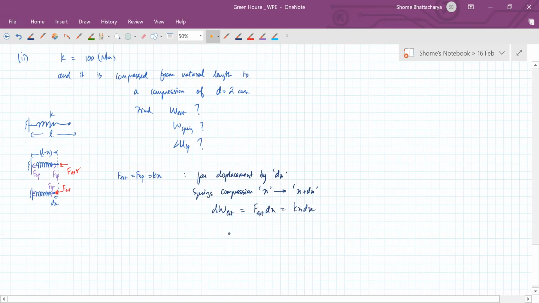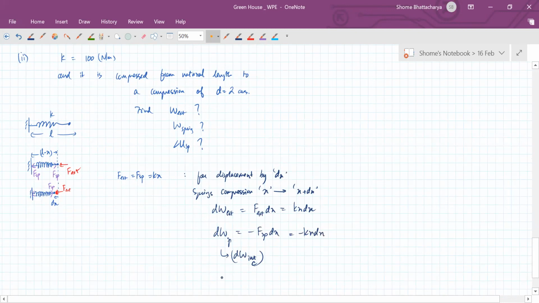Work done by the spring force or internal conservative force is minus kx dx.